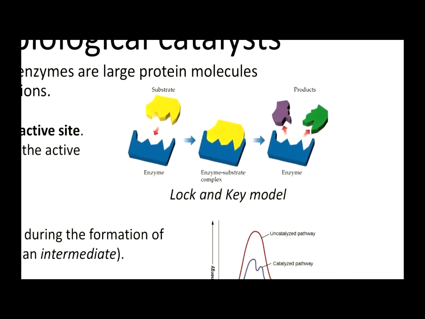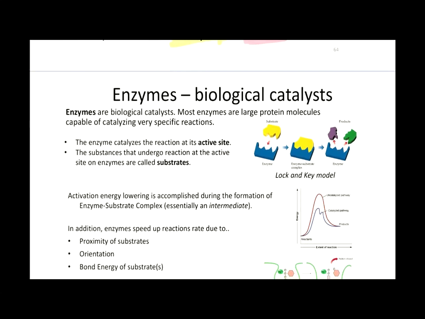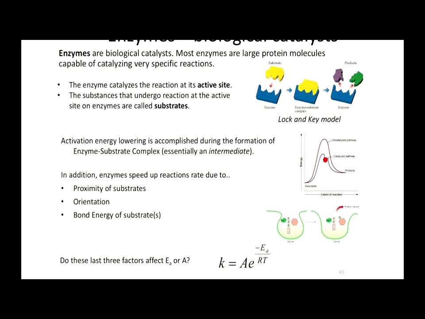But the idea here we can relate to our Arrhenius equation. Enzymes bring substrates, basically a fancy word for reactants, towards it. They help the reaction move forward, and then they release the products. So really an enzyme is also a catalyst. It operates by lowering the activation energy for the reaction to occur.